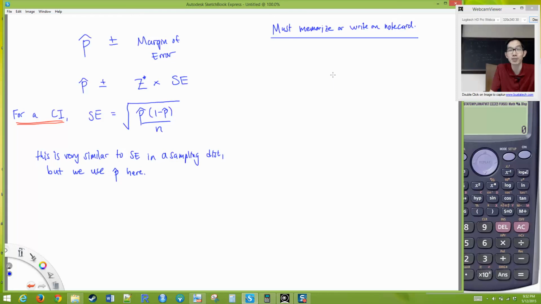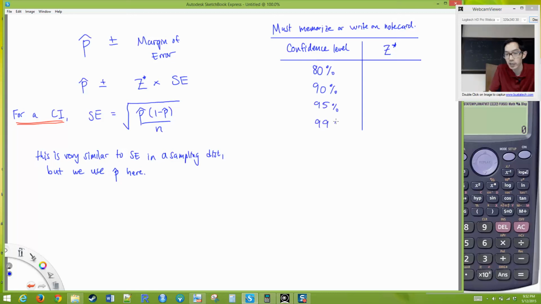It depends on the confidence level and the corresponding z star. So you can make an 80% confidence interval, a 90% confidence interval, a 95% confidence interval, a 99% confidence interval. Technically, you can make any level confidence interval you want, but these are probably the most common choices.